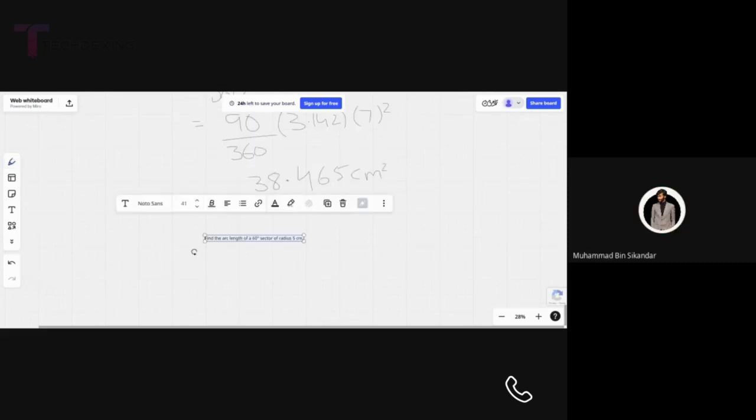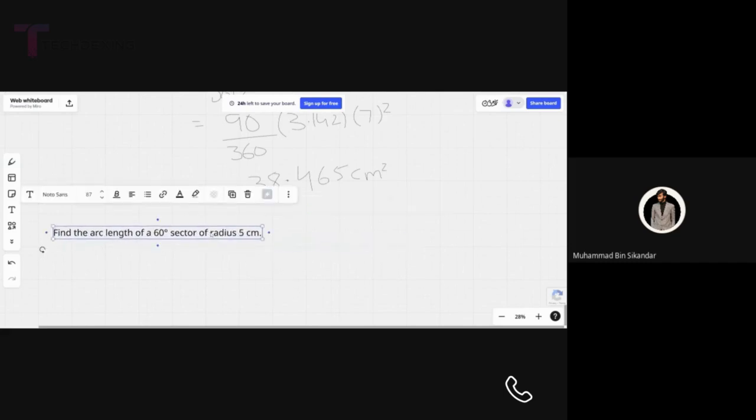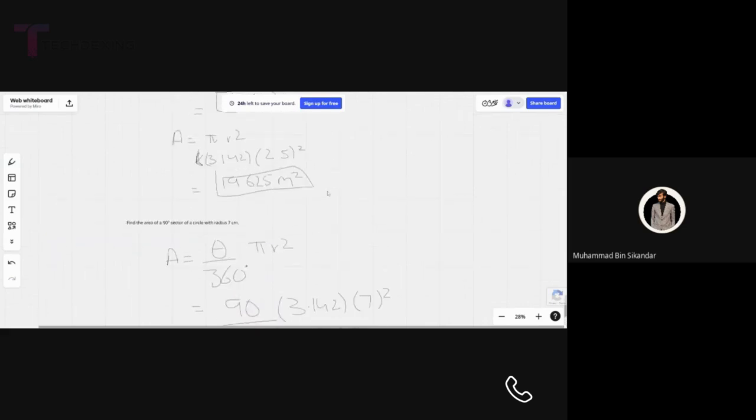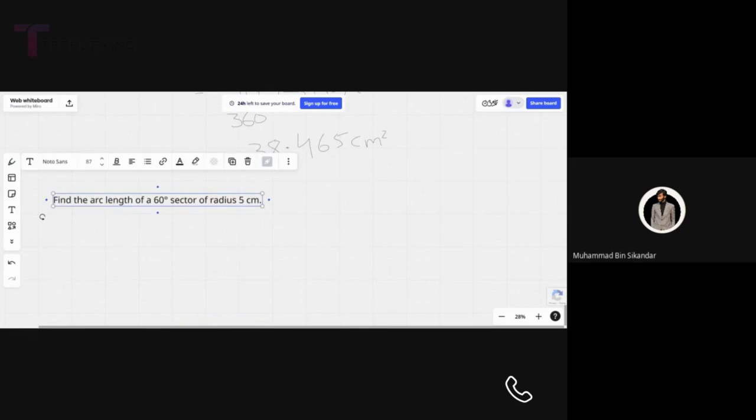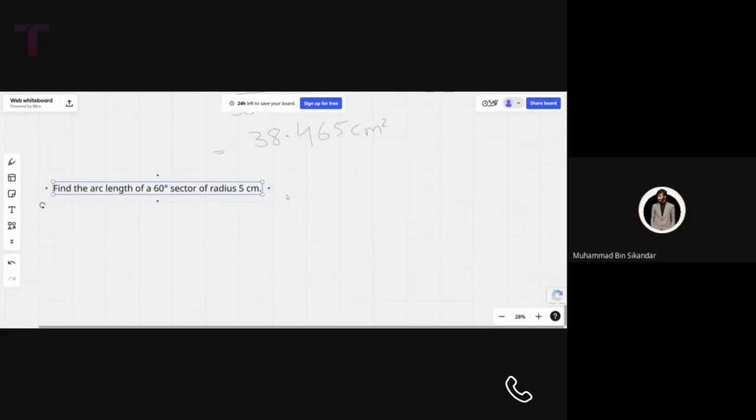Now, firstly read the question and then solve it. It's asking you the arc length. We did this for sector. This was the area of sector. This is the arc length. The arc length formula I had given you, what was it?